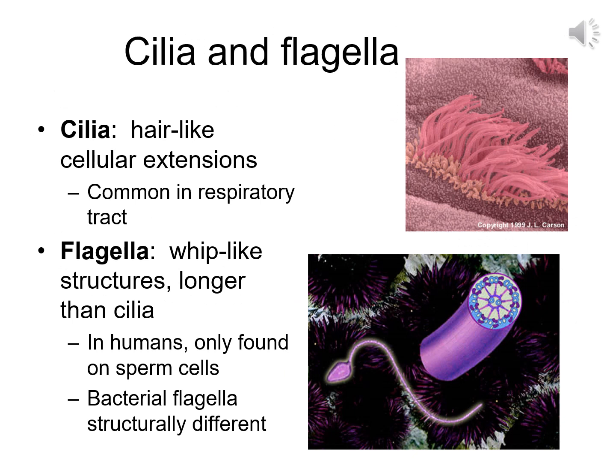Other structures that can be found externally are things like cilia and flagella. Cilia are hair-like cellular extensions. They're most common along our respiratory pathways, where the cilia actually filter the air and prevent harmful things from getting down into our lungs. Cilia are generally short and numerous, whereas flagella tend to be fewer in number and much longer.